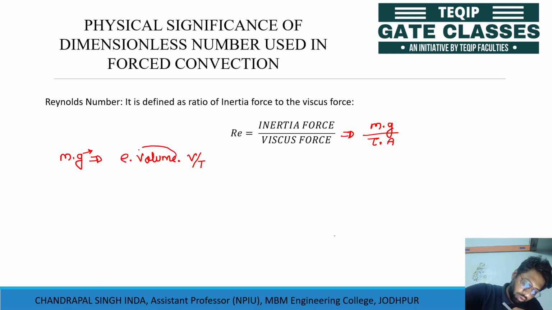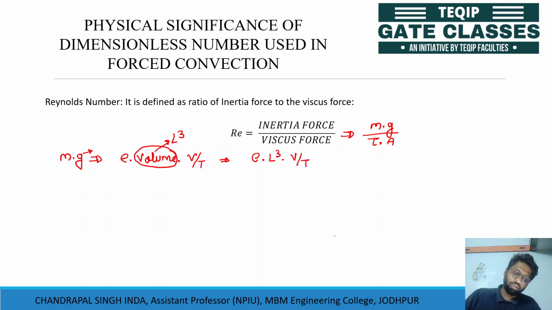The volume can be written as L cube, so we will have rho into L cube into v by t. One of the L by t will be equal to the velocity, so we will have rho into v square L square.